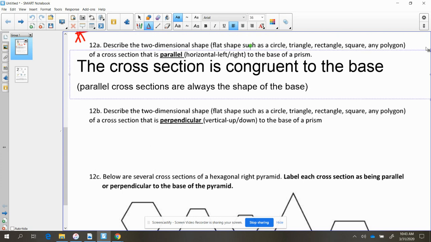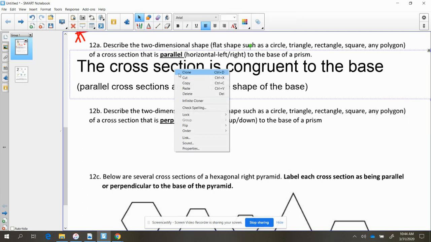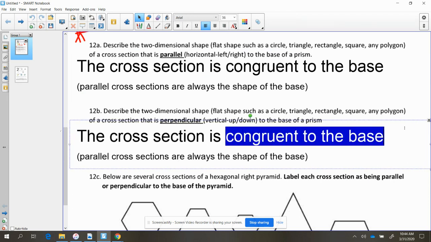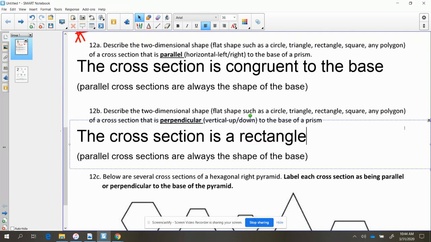So if we can duplicate this, clone it, it's really similar except the cross section for all of these in the prism is a rectangle. And the perpendicular cross sections are always the shape of the faces.